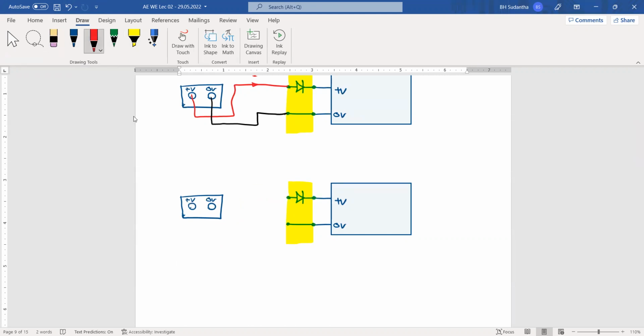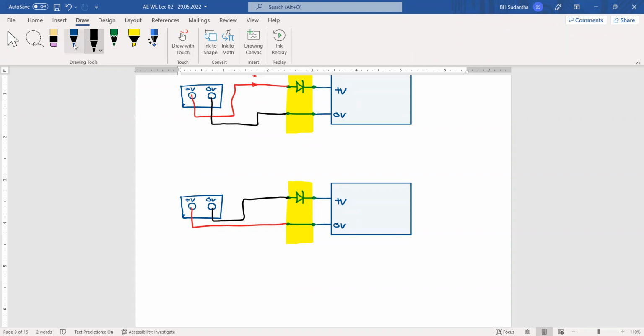You have provided the positive connection to this terminal and the negative connection to the positive terminal. And if you do it normally without having this diode, your device will be damaged.